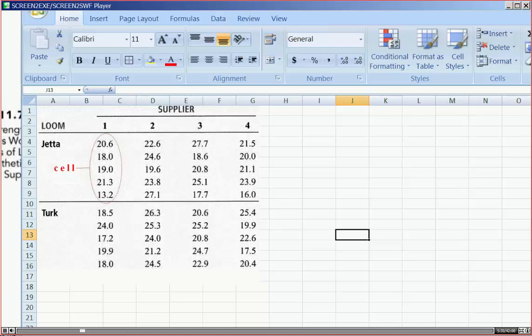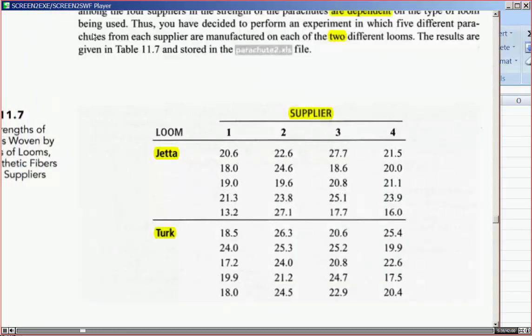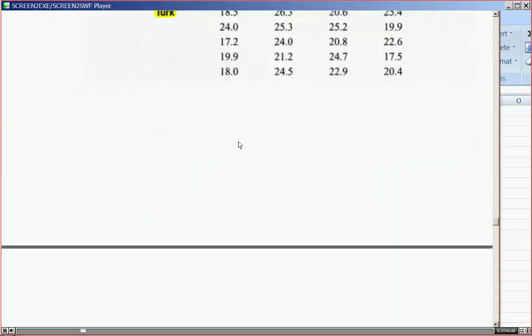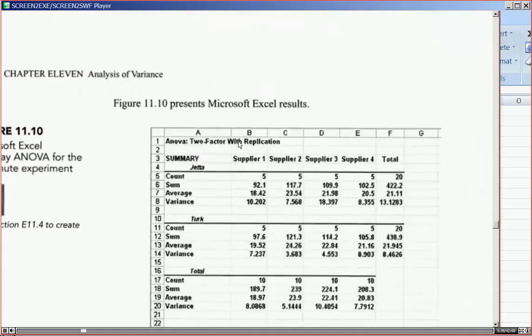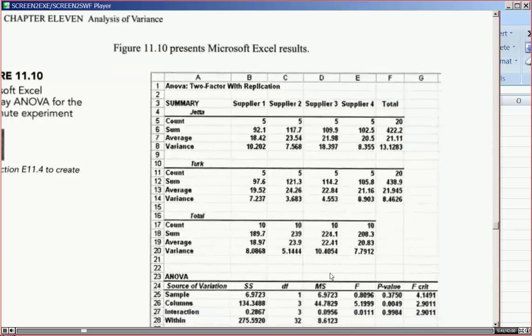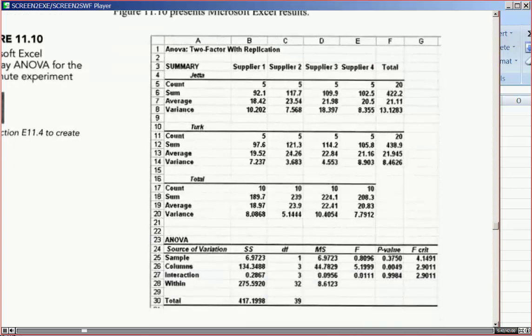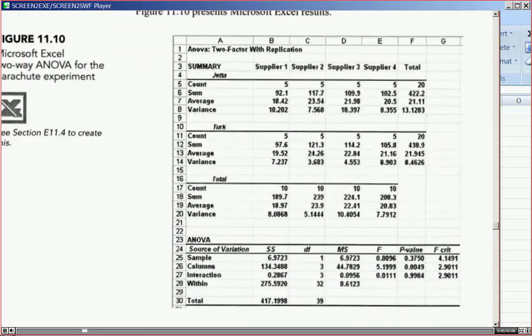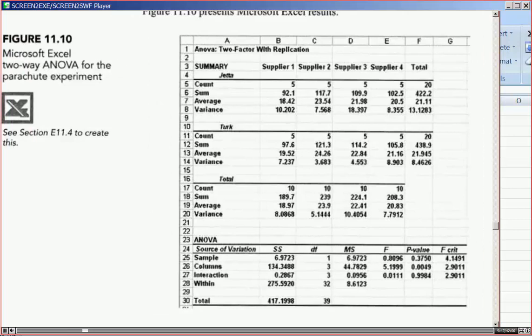Going back to the text. On this page, they present us immediately with a two-way ANOVA, which we're going to reproduce right now. And this shows the summary table, the ANOVA summary table, which is different from one-way ANOVA summary table.